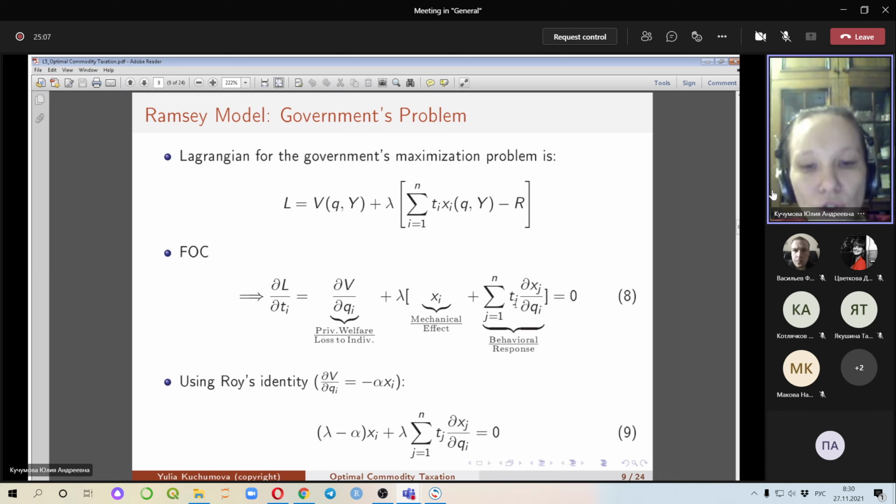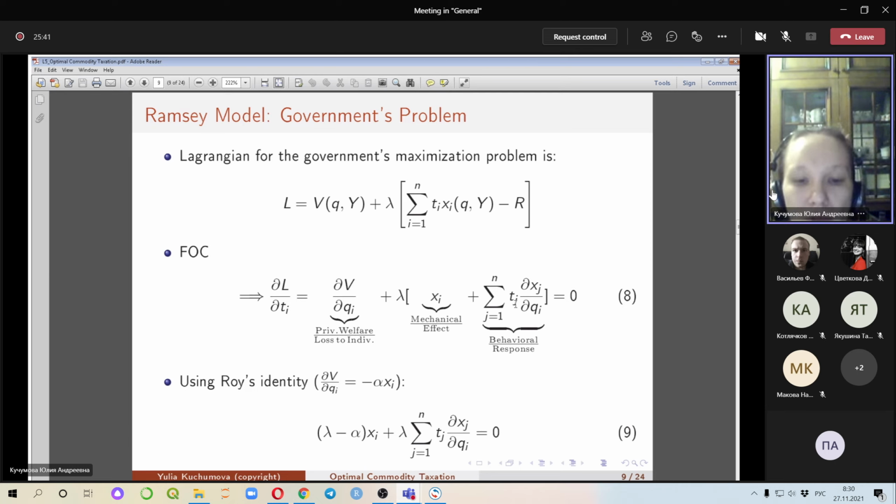Using Roy's identity, the derivative of the indirect utility function with respect to price q_i is equal to minus alpha x_i. We are going to plug it into equation 8 instead of the first term, and rewrite this equation by recombining the first and the second term.